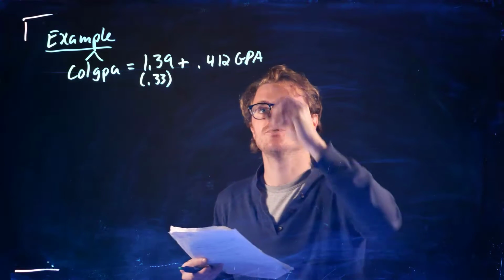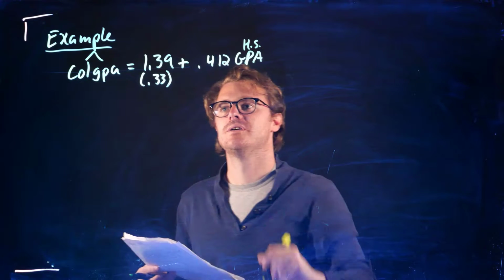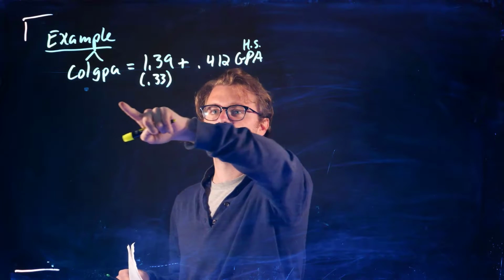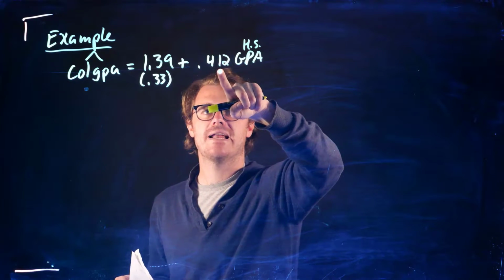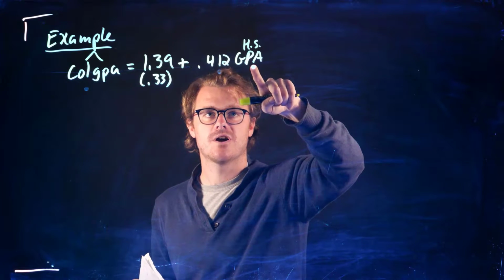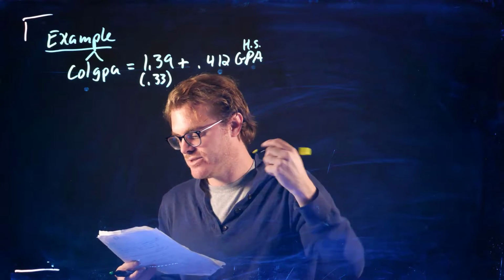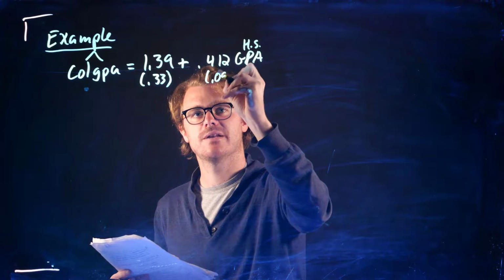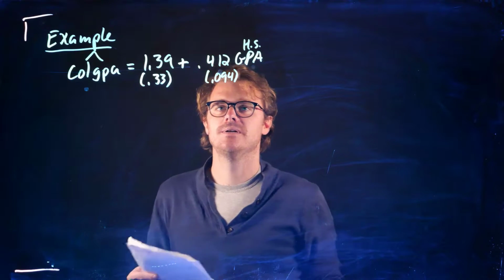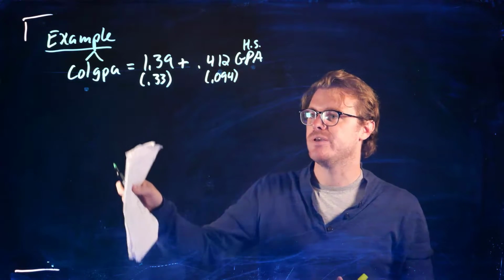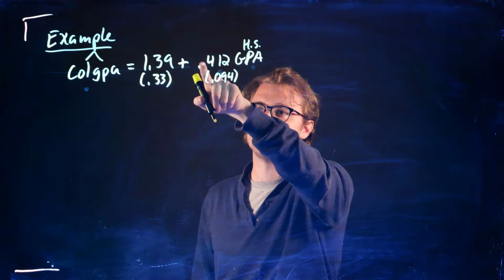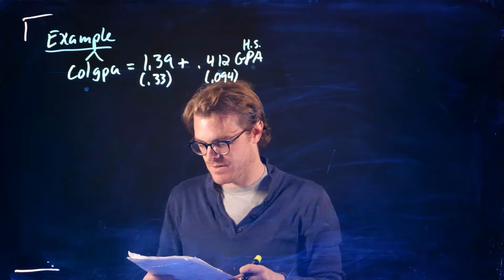So this is maybe high school GPA. We're trying to think of the determinants of college GPA. So this is our beta hat 1, and this is our x1 as high school GPA. That's the first thing we think might determine college GPA. And again, here's our standard error of this beta hat 1.